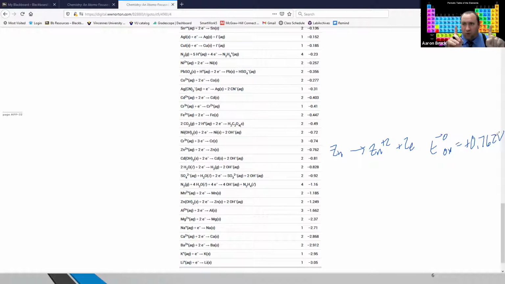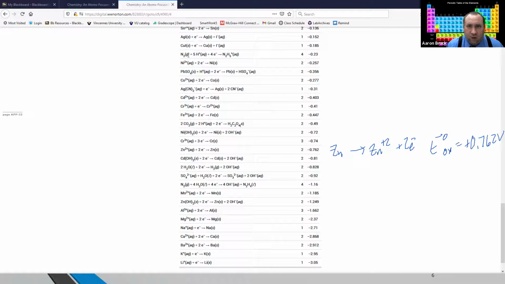If I flip the equation around, I also flip the sign of the potential. So as a reducing agent, zinc is a great reducing agent. Its ion is a terrible oxidizing agent, which is why we don't see too many reactions with zinc ions. We see lots with zinc metal, not so much with zinc ions.